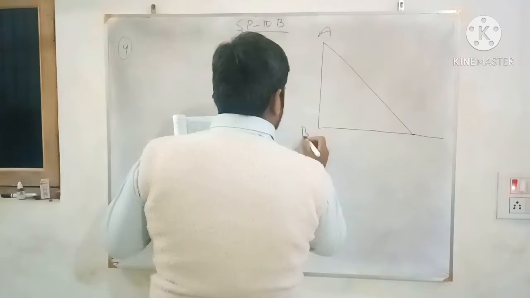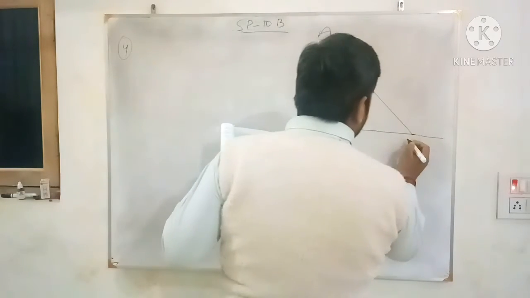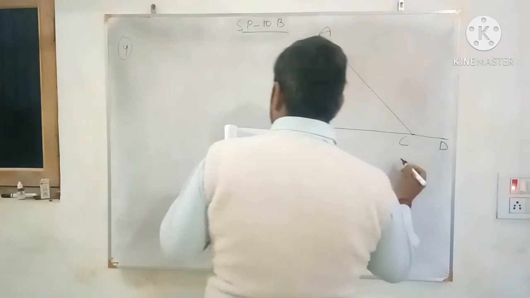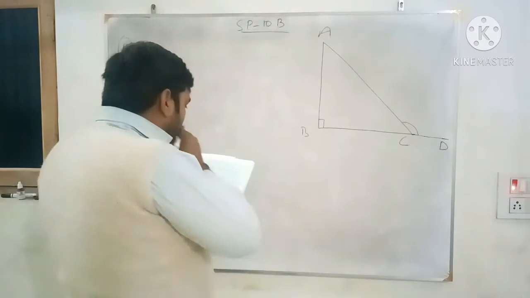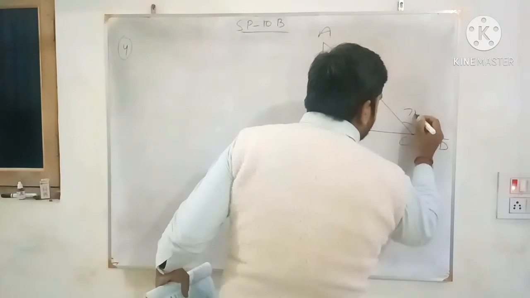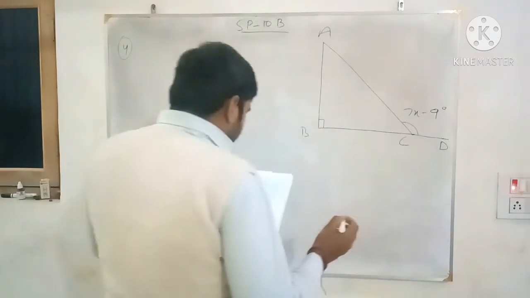Angle A. Triangle ABC is right angle at B and BC is produced to D. Exterior angle ACD is given 7x minus 9 degree.